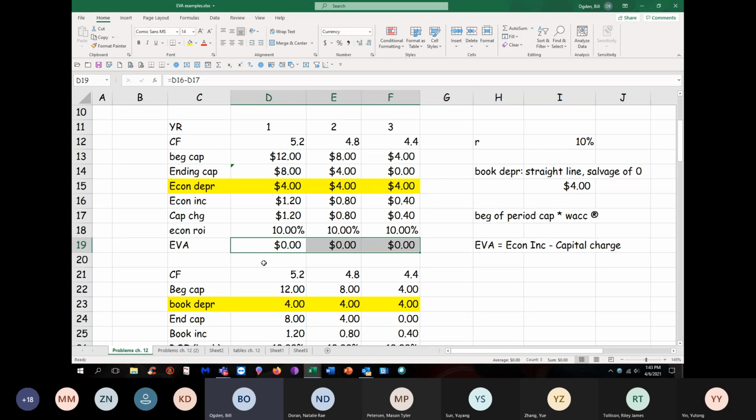Now, another argument which would say that there's nothing to be gained from this EVA or the economic profit is that the economic profit model and EVA models are algebraically equivalent. So if you use the economic profit model, you should get precisely the same number or the value of the company that you would get if you had used the free cash flow model.